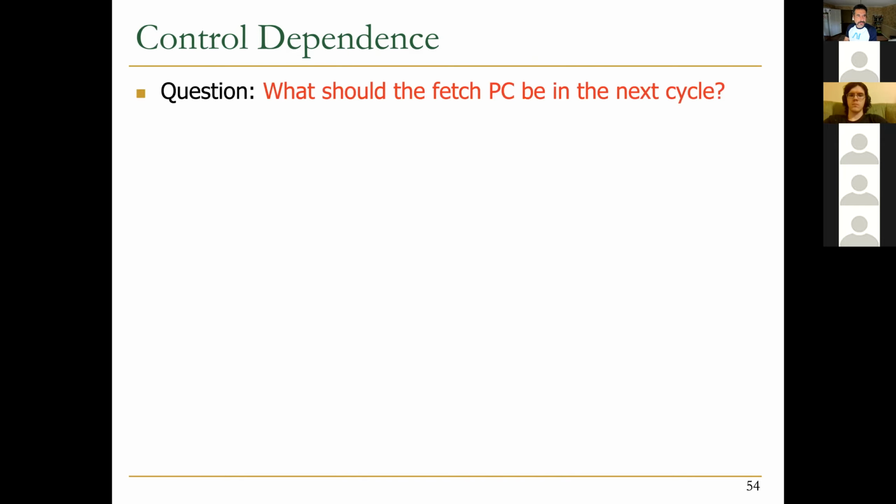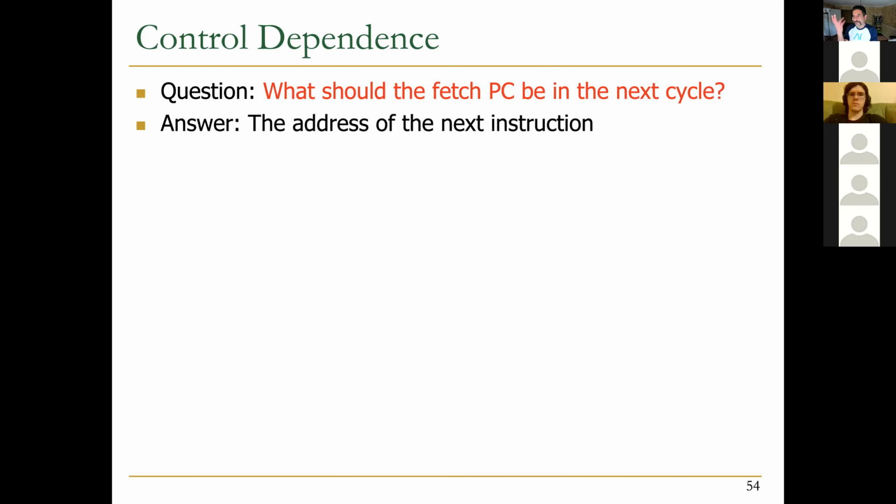And besides data dependency, there is also control dependency, which is very similar to data dependency. Control dependency is basically the question of what the next PC value should be, right? What should the fetch PC be in the next cycle?